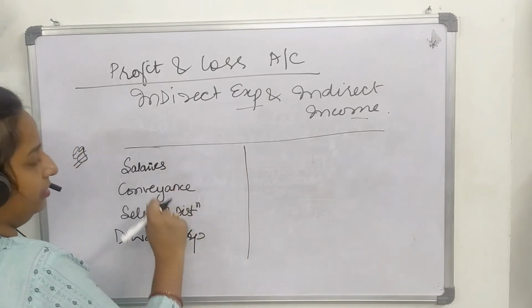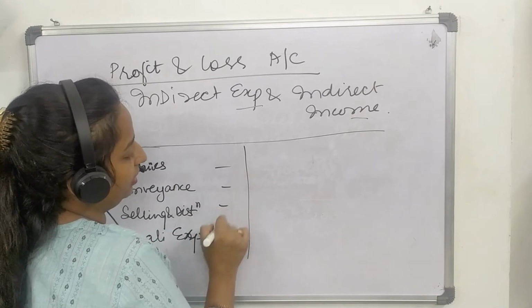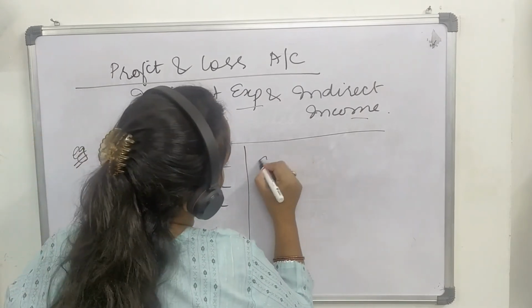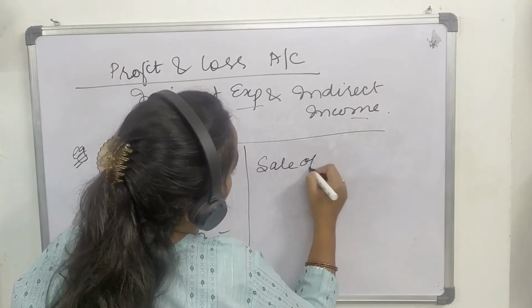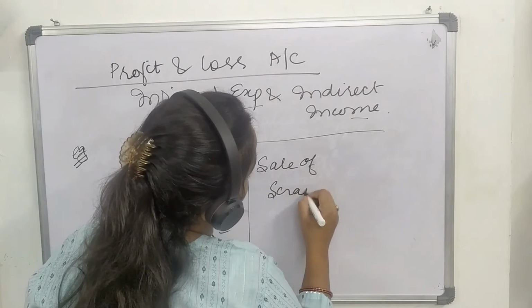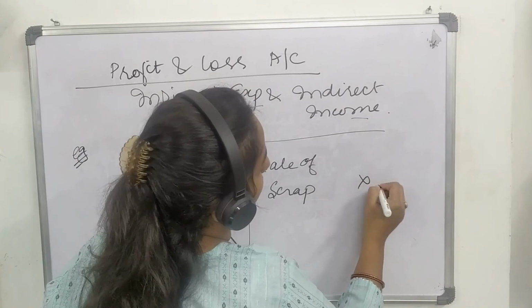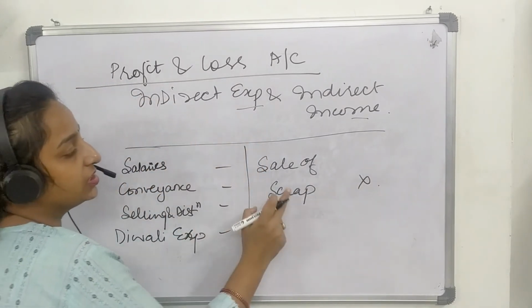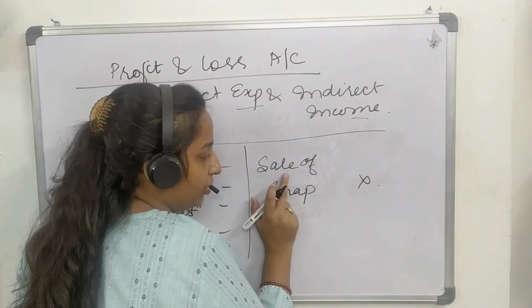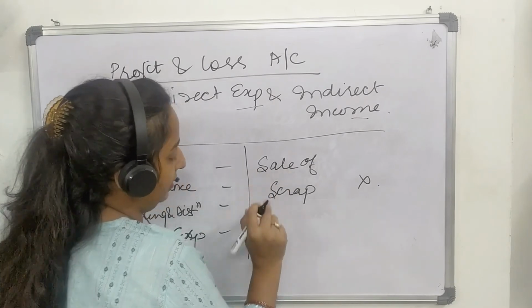All such expenses will be recorded here as these are indirect. Now, sale of scrap means in case you are selling some scrap material from your organization, the income would be recorded on the P&L account since it does not pertain to your organization directly, it's an indirect income.